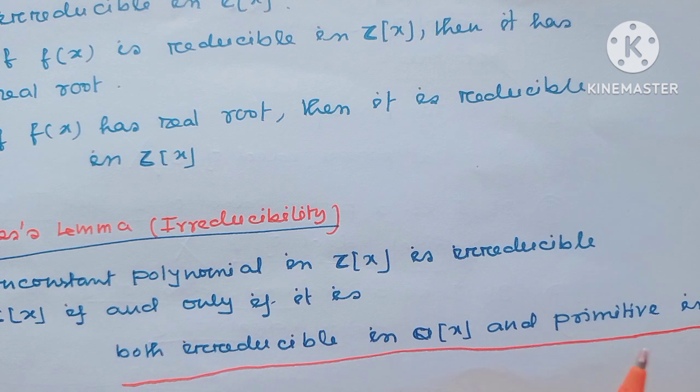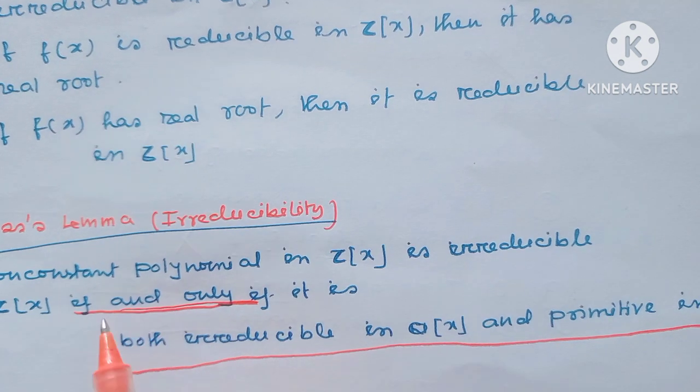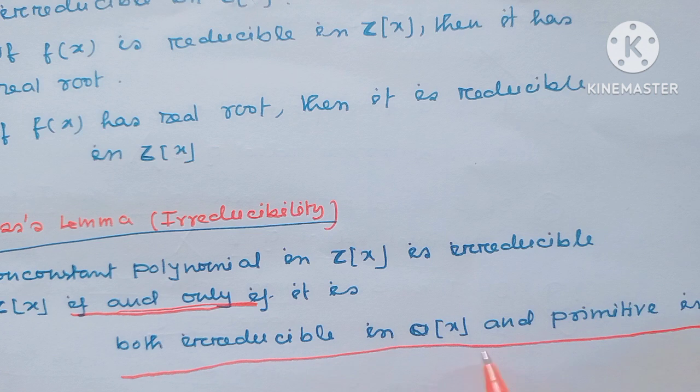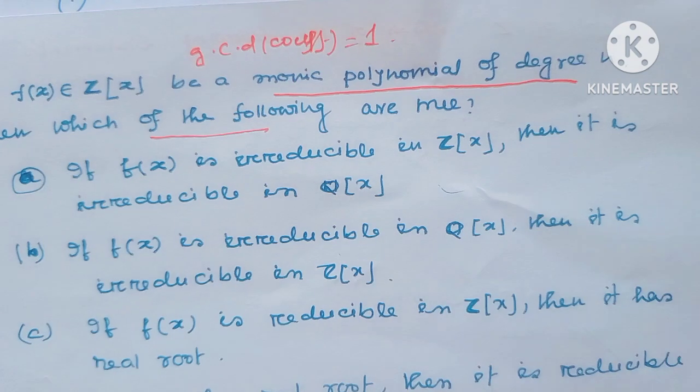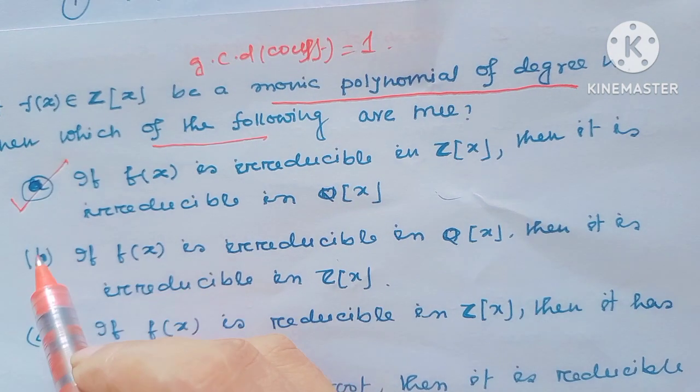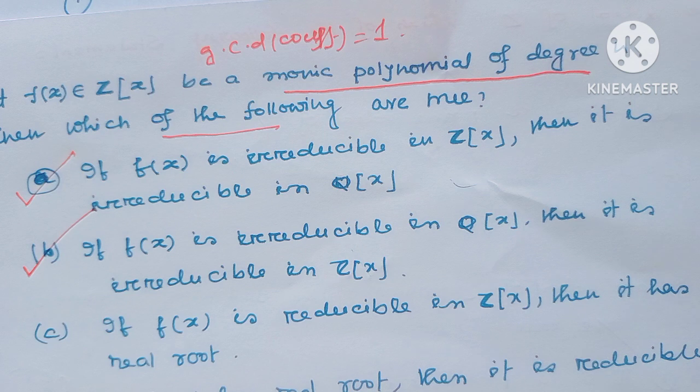This is the if and only if condition when the polynomial is primitive. That means option A and option B are the right options. I hope all my viewers have understood clearly how this important result is applicable here.